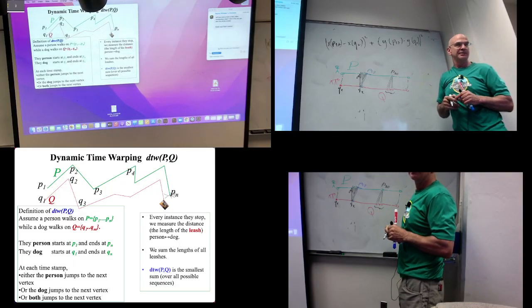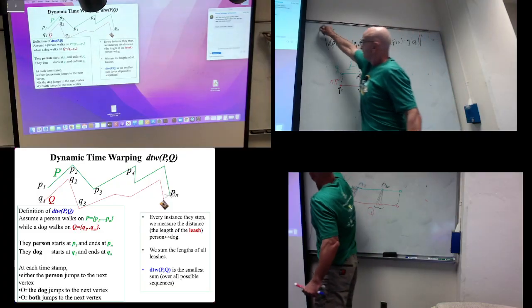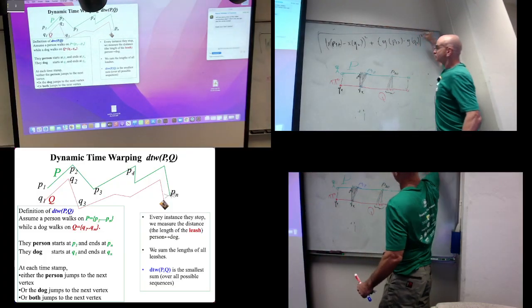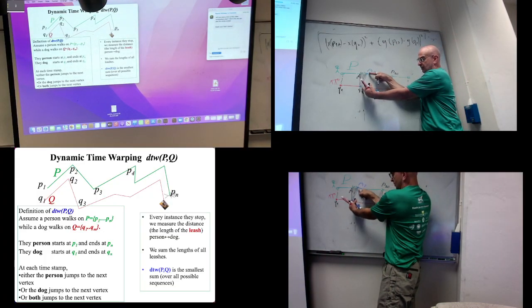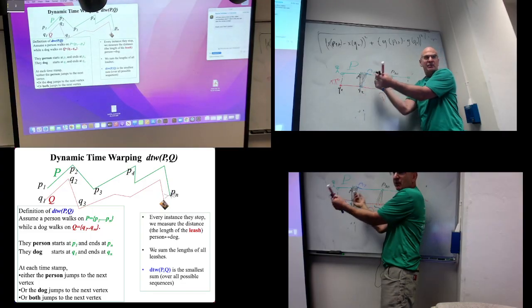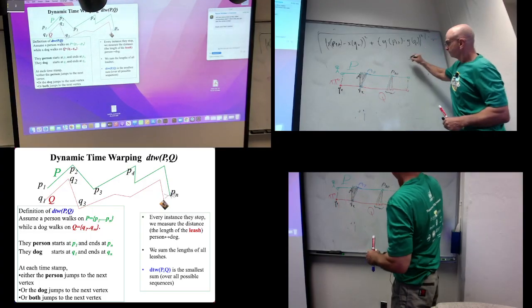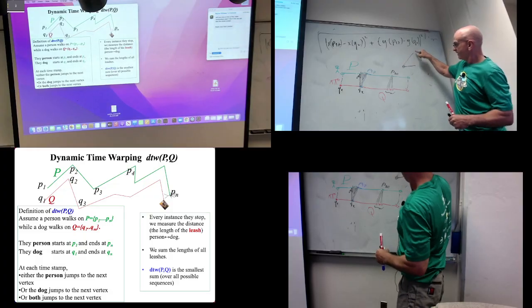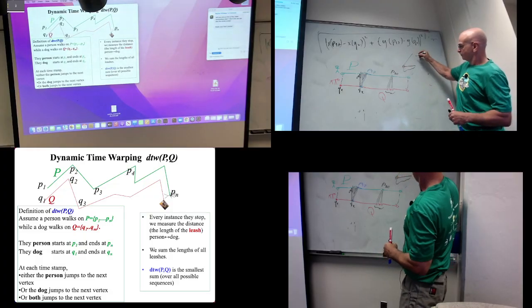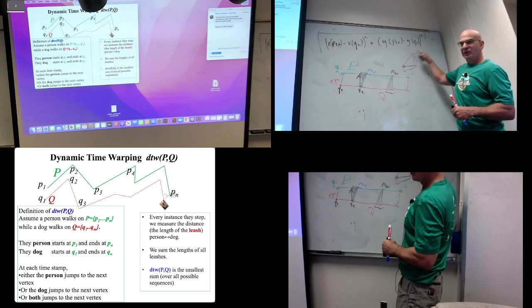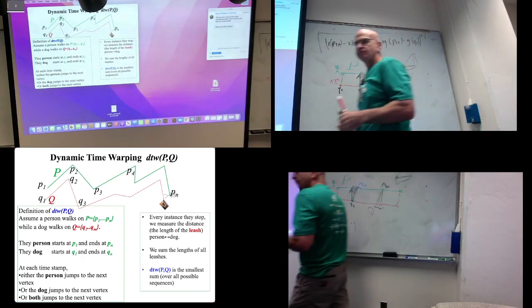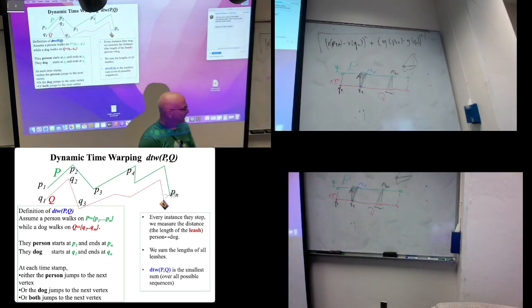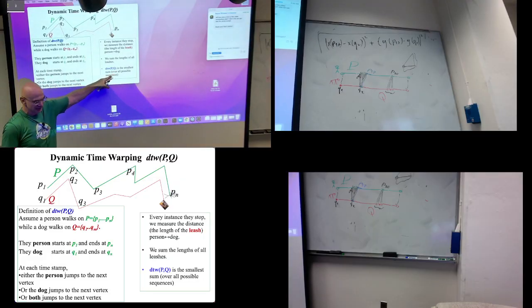Help, Pythagoras. This number is the length of the leash that we are using, just Pythagoras. And we are summing up the length of all the distances.